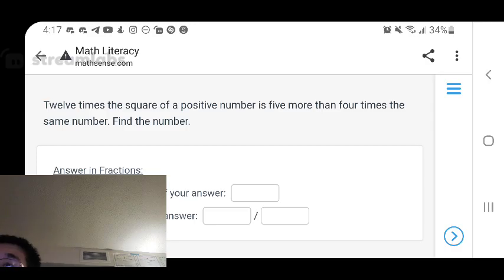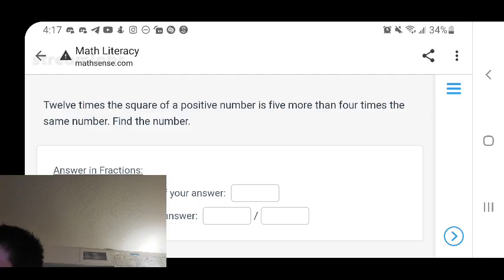This is 38. 12 times the square of a positive number. 12 times the square of, so let's say x.